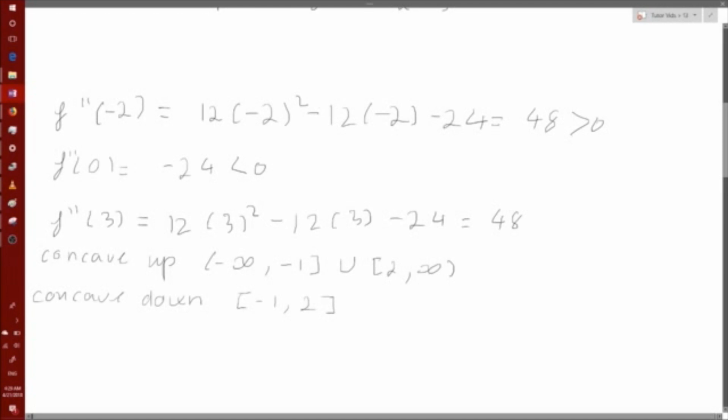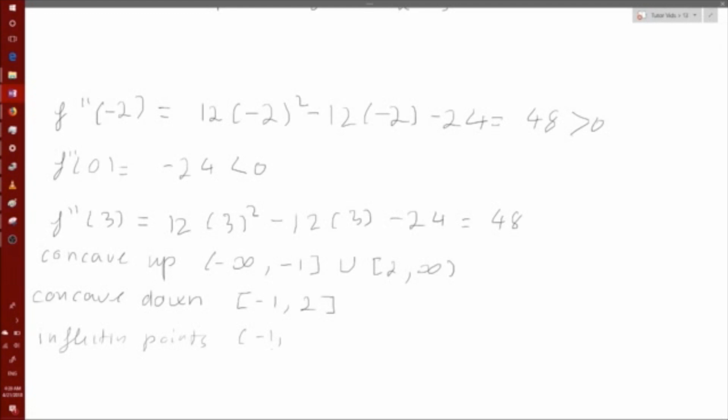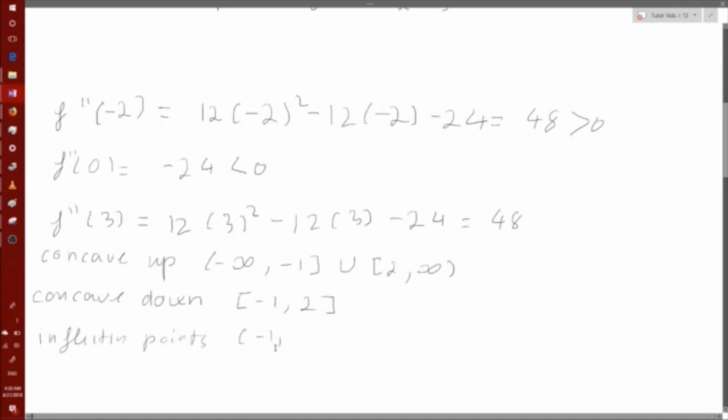And our inflection points would be the first one, the x value is negative 1, and the y value, well, we haven't found that yet, so let's find it. So let's plug negative 1 back into our function.